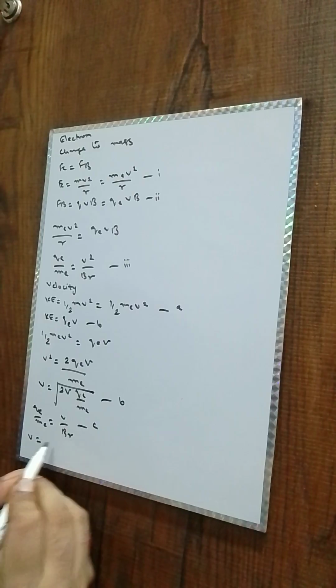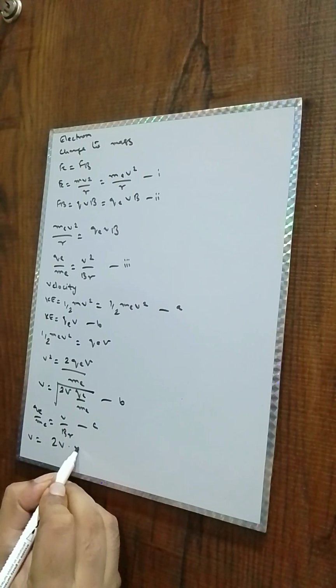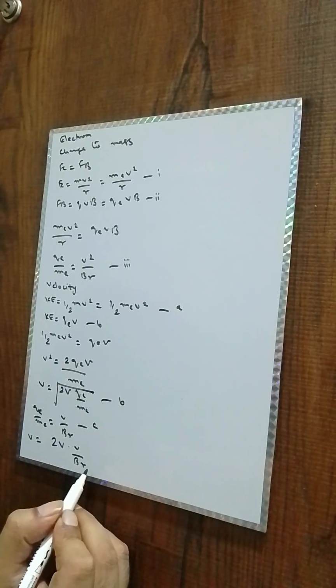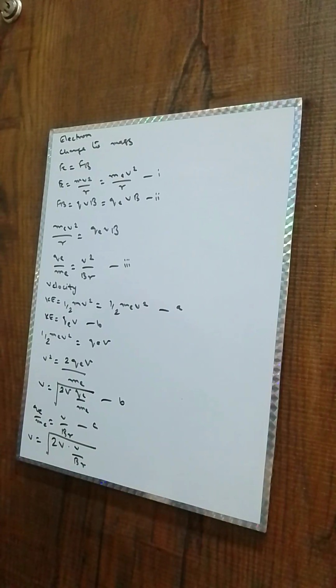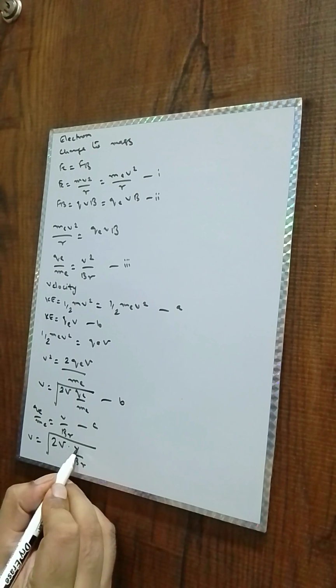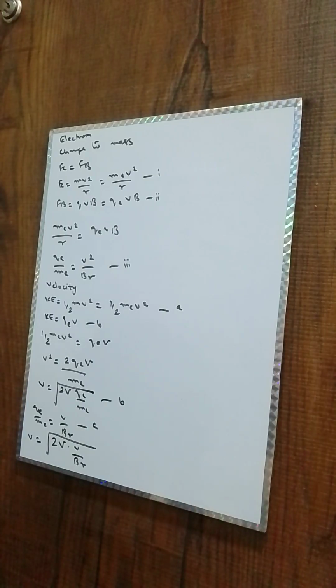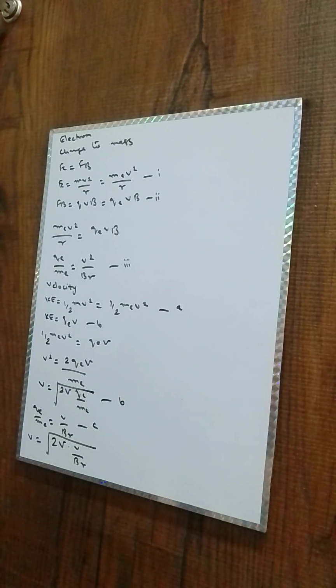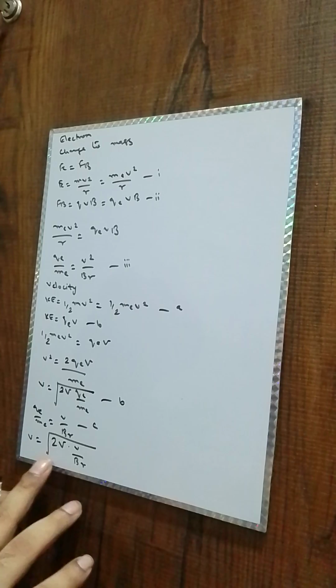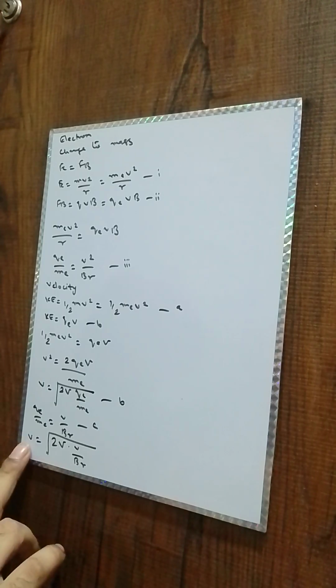So we can make a substitution, and 2V dot v by Br will become the velocity, where this is the potential and this is the velocity. Small v is the velocity, capital V is the potential, B magnetic field, r radius.